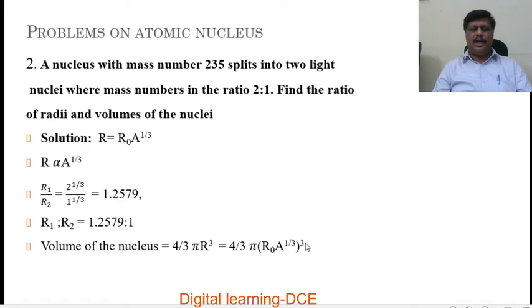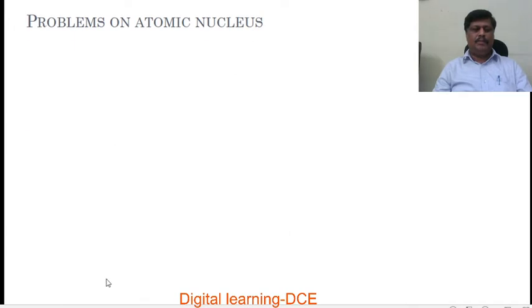The 1 by 3 and cube get cancelled. Therefore, the volume of the nucleus is directly proportional to the mass number. Therefore, V1 by V2 is equal to A1 by A2. But A1 by A2 is equal to 2 by 1. Therefore, the ratio of the volumes V1 by V2 is equal to 2 by 1.